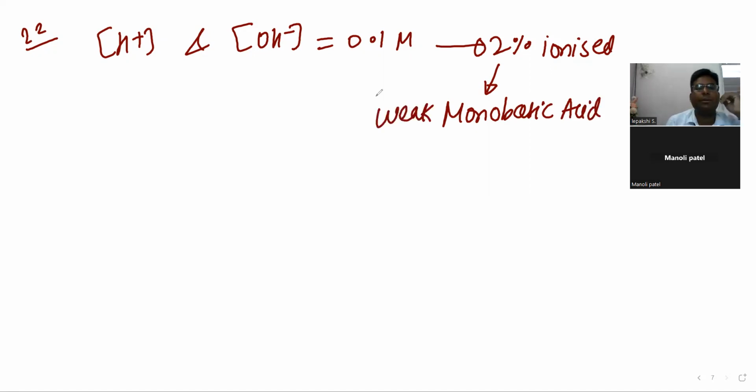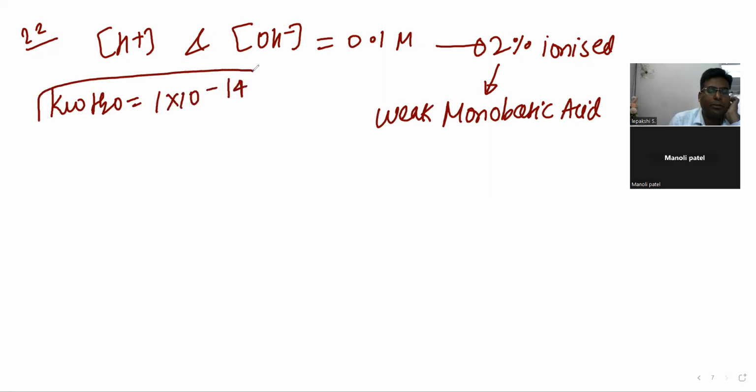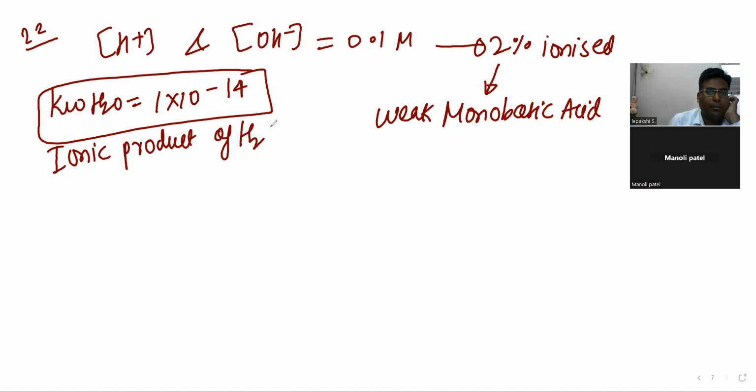And as we know, the ionic product of water is given, that is 1 into 10 raised to minus 14. So this is the ionic product of water.